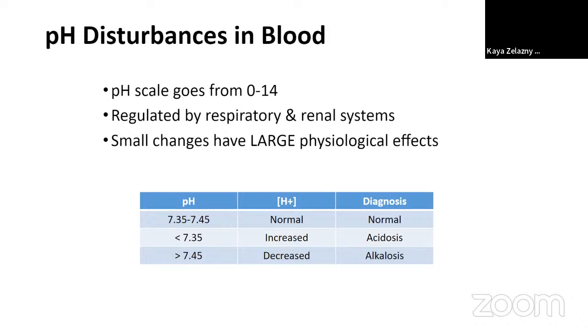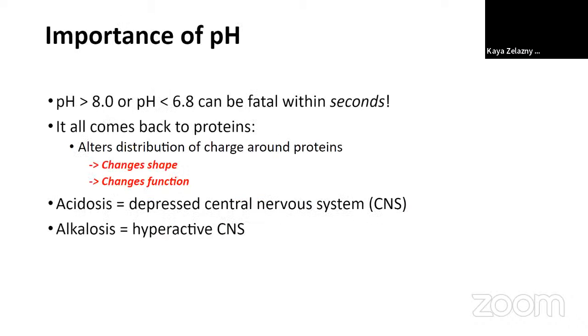So small changes outside of this range are going to have really large physiological effects because so many things that we've talked about rely on these charge distributions across membranes. Okay. So pH above 8 or below 6.8, outside of the range we just talked about, can be fatal within seconds.